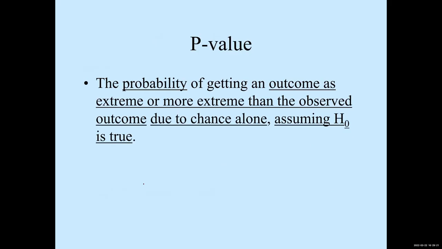So this is the definition of our p-value. Our p-value is the result of our statistical test mathematically. It is the probability of getting an outcome as extreme or more extreme than the observed outcome due to chance alone, assuming the null hypothesis is true. So basically, in this diagram, I've got my mu sub 0 in the middle there.